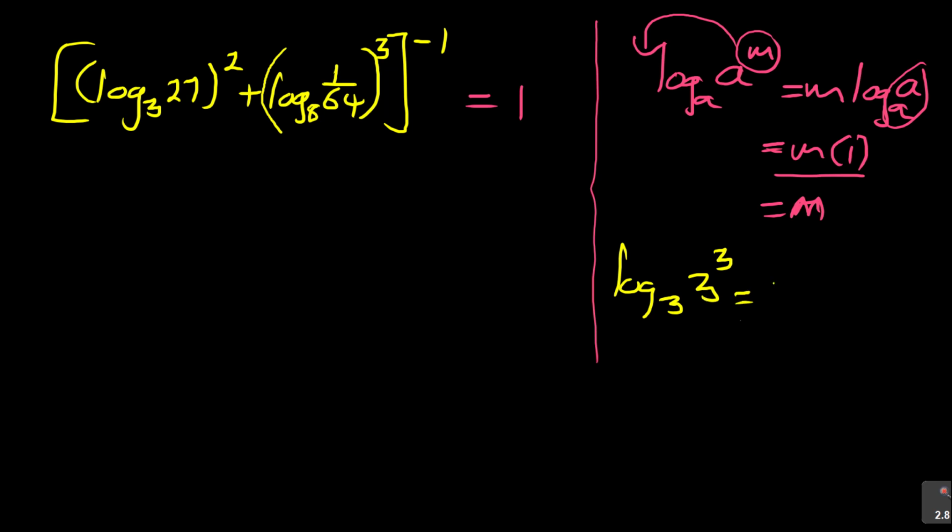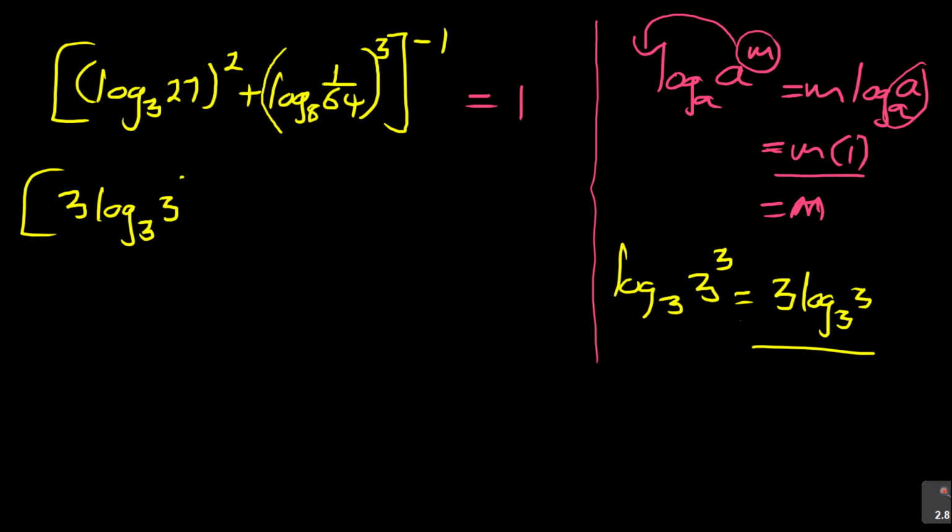Which is equal to 3 log 3 of 3. This is what I have for 27. So if I do it, it will be 3 log 3 of 3, and then don't forget that bracket squared.